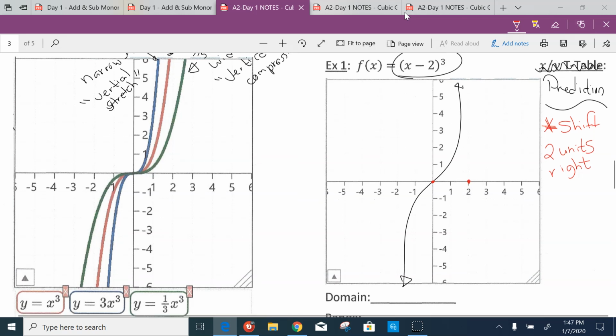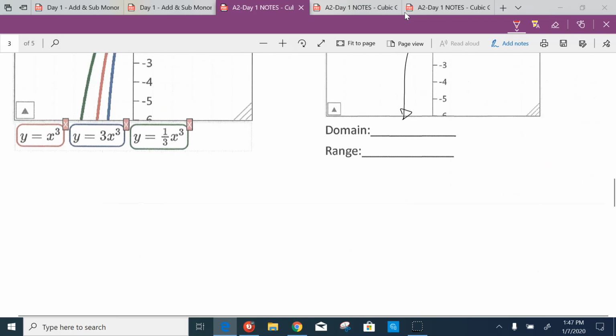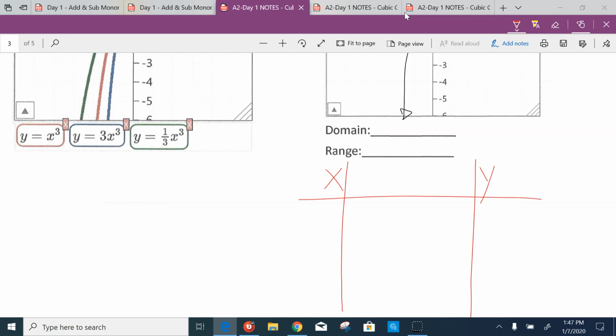And I'm going to go ahead and work on verifying that down here. At the bottom, I'm first going to create a new table, x and y, and make some columns. In the middle, I'm going to put the equation they give me for this example: x minus 2 to the third power.